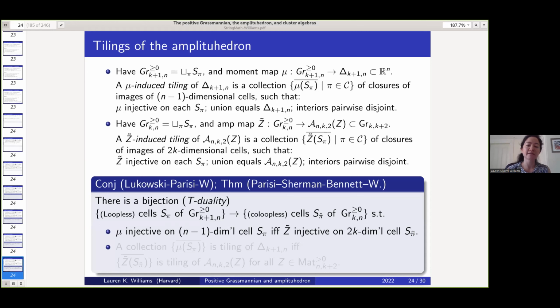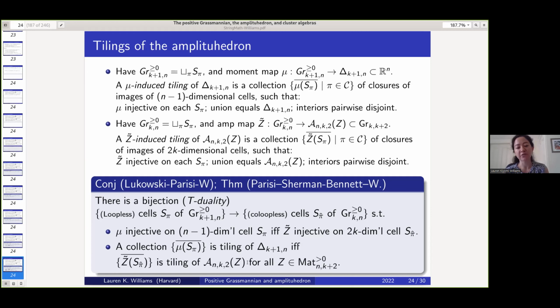So there's a bijection on the level of tiles, and also on the level of tilings. A collection of moment map tiles gives a tiling of the hypersimplex if and only if the corresponding tiles for the amplituhedron give a tiling.